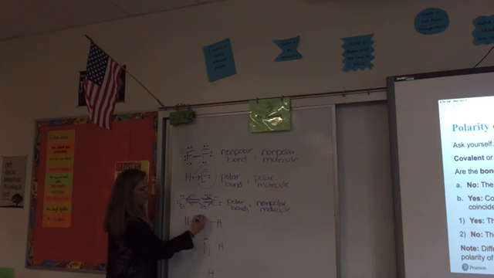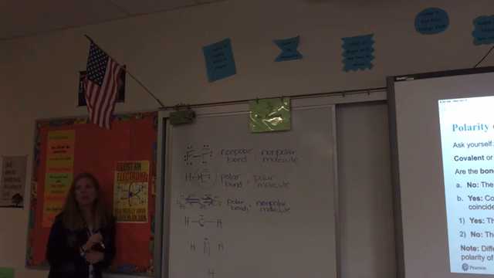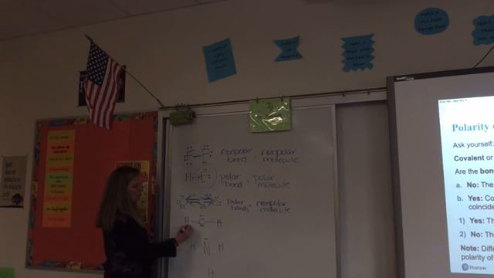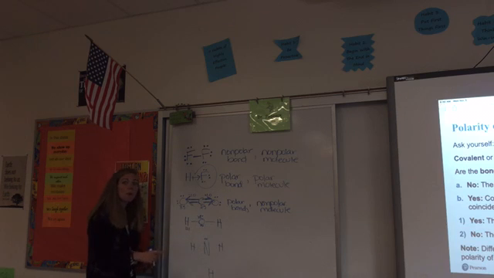All right, now I'm going to draw water. Okay? Take a minute and think about water. Think about the bonds. Okay? Is the H-O bond polar or nonpolar? Polar, very polar. Okay? Hydrogen is a 2.1, oxygen's a 3.5, so that's a very polar bond. Who has the pull on the electrons?